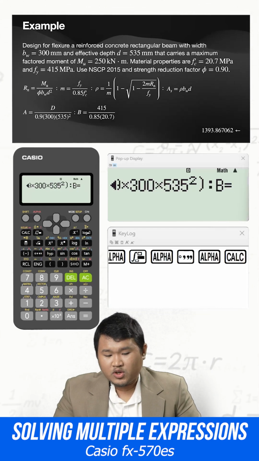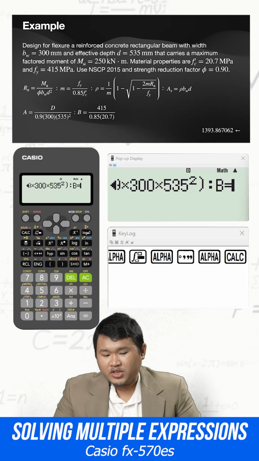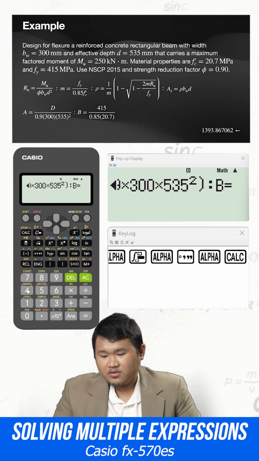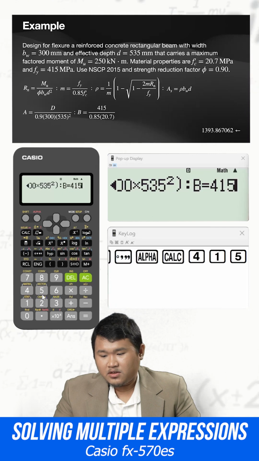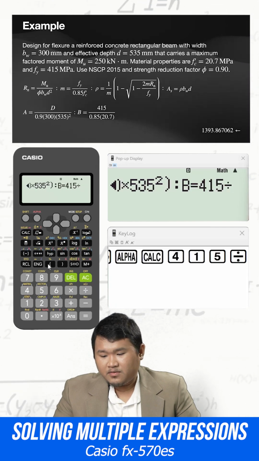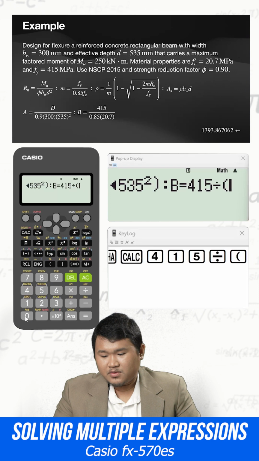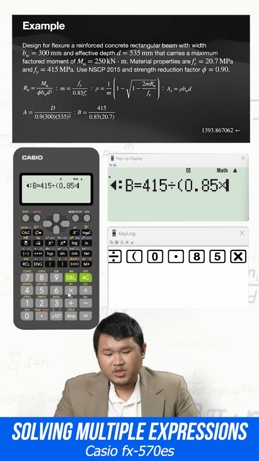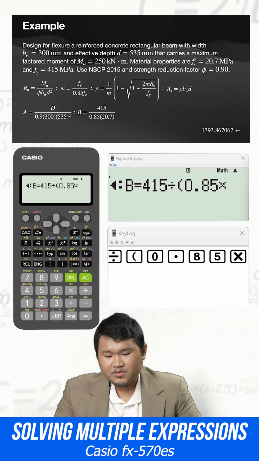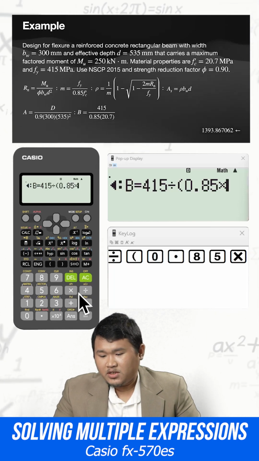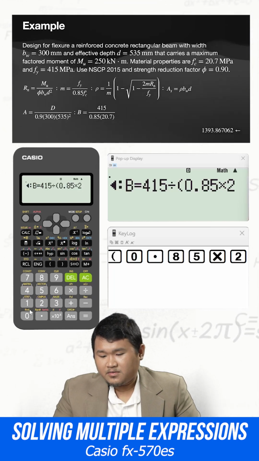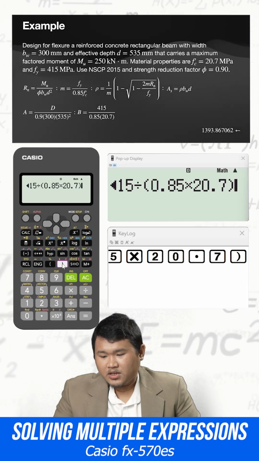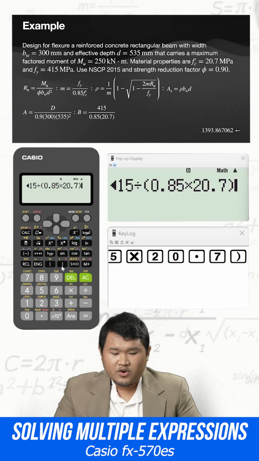And then for the fraction, 415 over 0.85 times 20.7, so that's fy, which is 415, divided by 0.85 times f'c, which is 20.7, and then we now have the second formula.